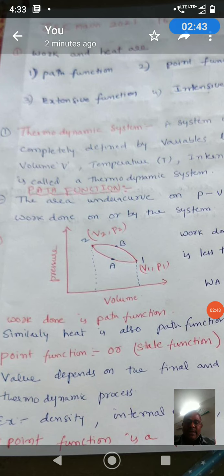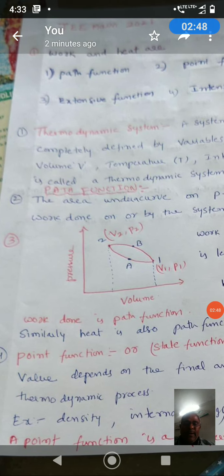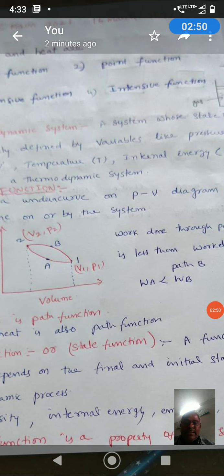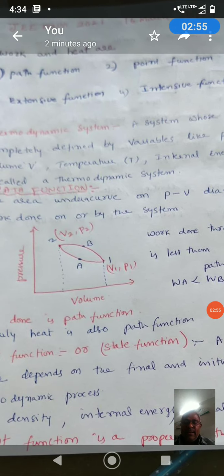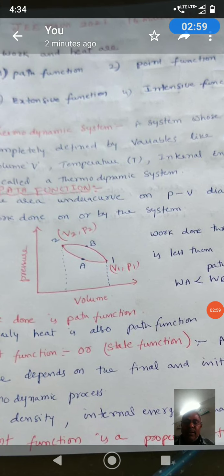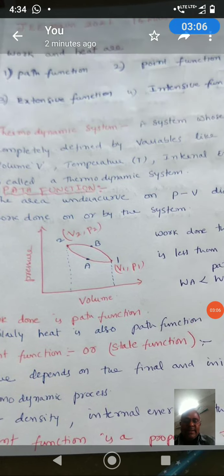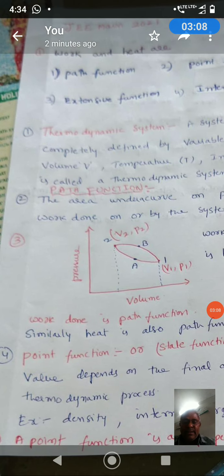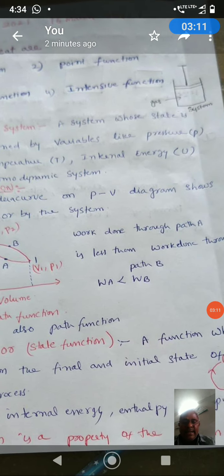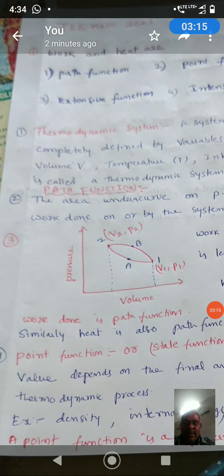is an intensive function. So see, what is a point function? We call it a point function, or a state function also. A function whose value depends on the final and initial state of the thermodynamic system. We call density and internal energy and enthalpy and entropy point functions.